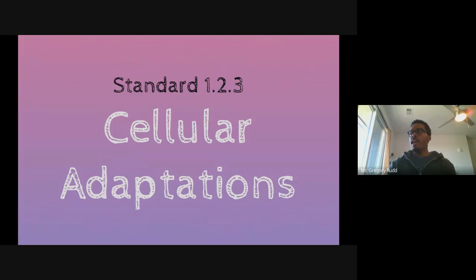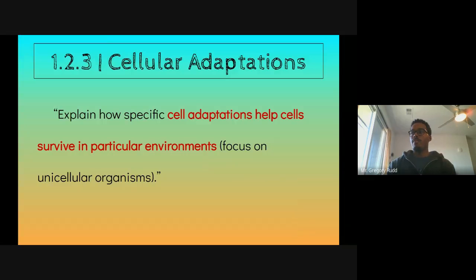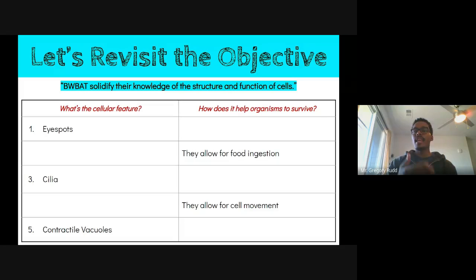All right. And then our third standard from this unit was about the cellular adaptations. So this states students should explain how specific cell adaptations help cells survive in particular environments. Focus on unicellular organisms. We've got a column on the left side that is asking for the name of the cellular feature.